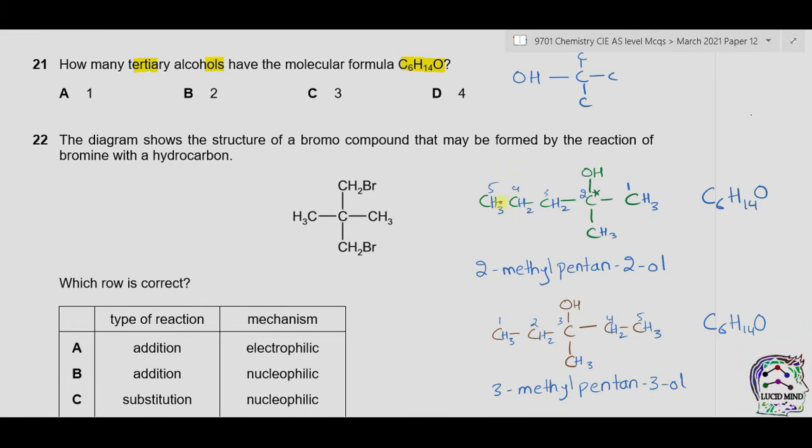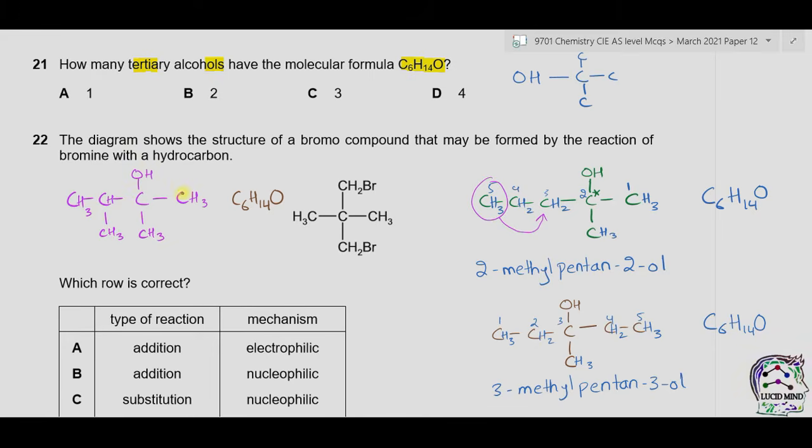Another possible structure can be drawn if we move this carbon to this carbon atom. Let's draw this structure. We have 4 carbon atoms in the long chain. General formula is still C6H14O. And we can do the naming.